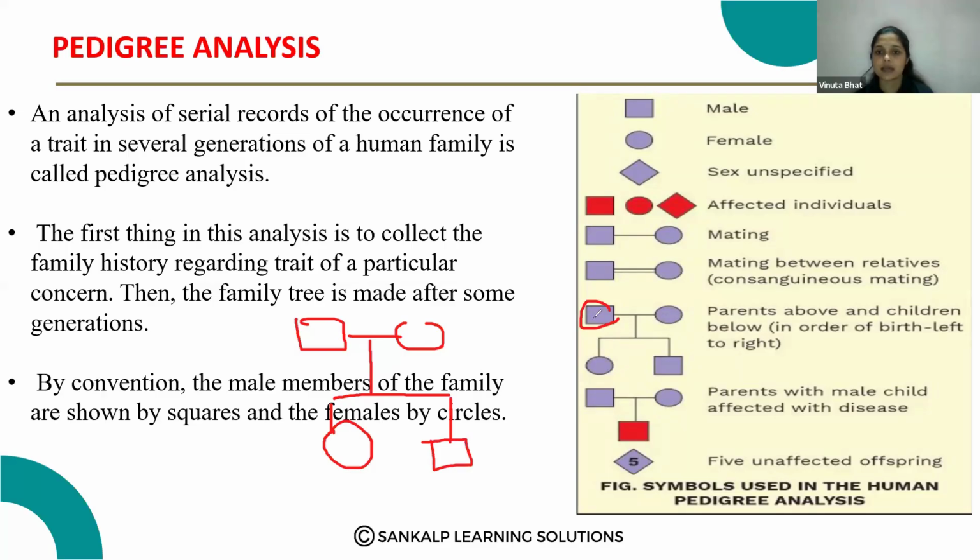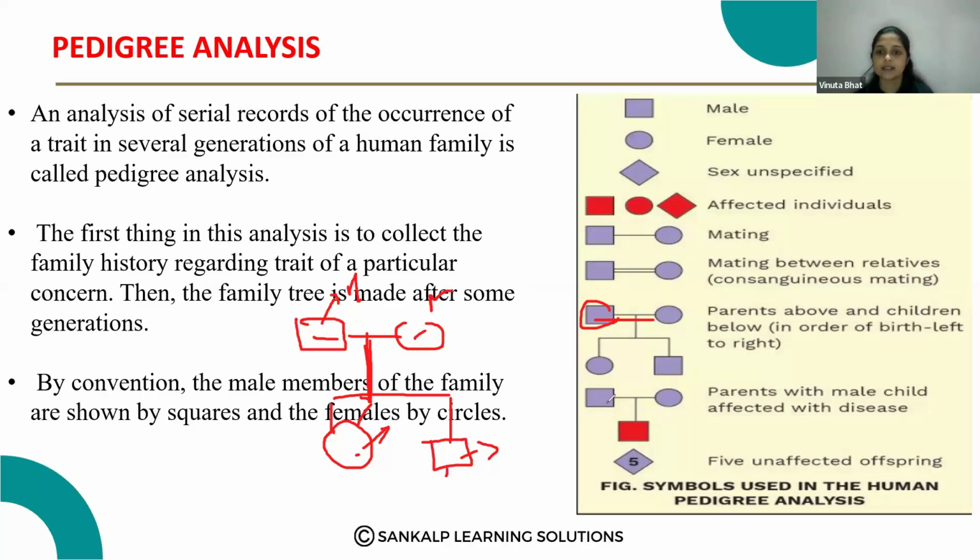The above ones are the parents, and the below ones are the children born to these parents, father and mother. The lower ones are connected like this. This is a girl and one boy.